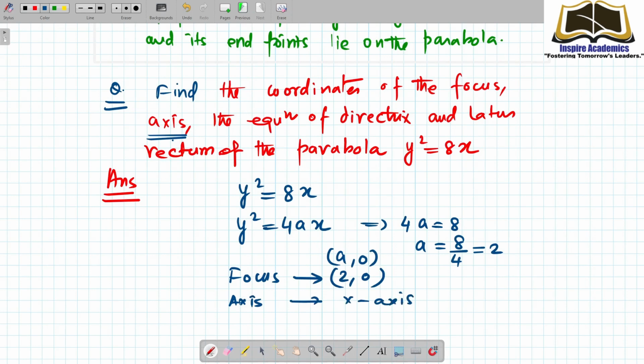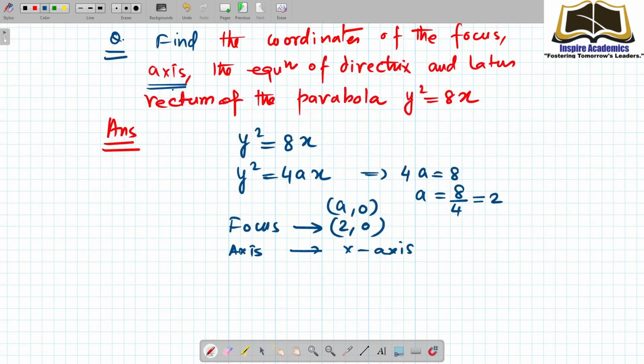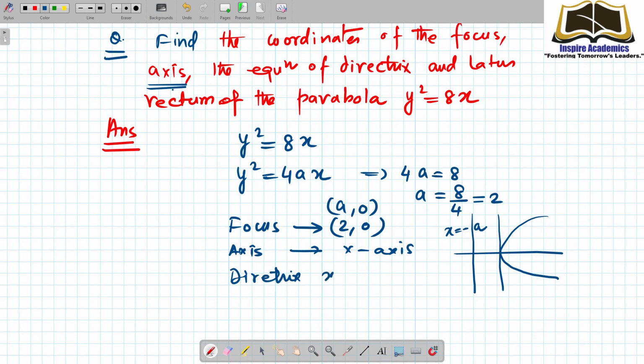x axis symmetry है. Next question is equation of directrix. Equation of directrix क्या है, parabola इस type का है, so x is equal to -a. So directrix क्या होगी, x equal to -a, so -2. This is the equation of a directrix.